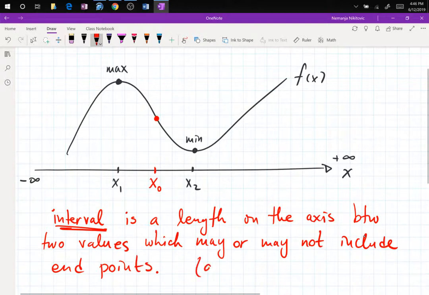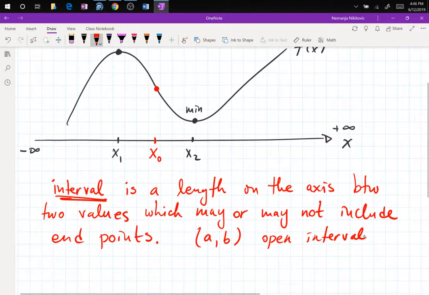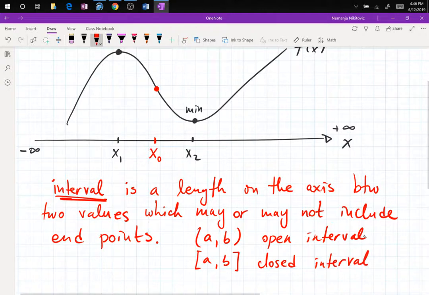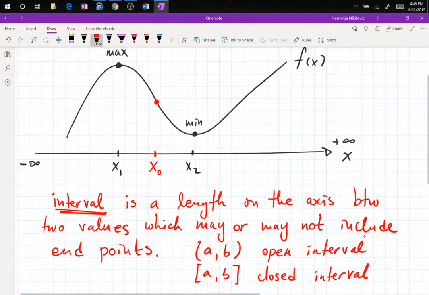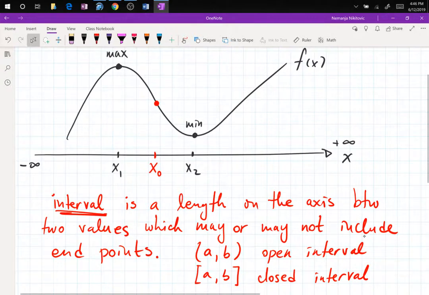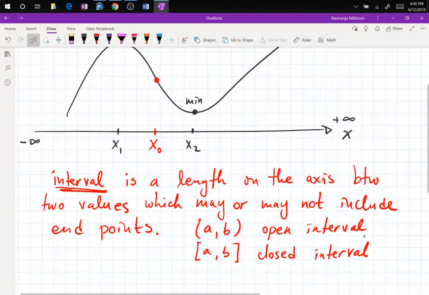If I have A to B with parentheses, that is called an open interval. And if I have A to B with brackets, that is called a closed interval. The issue is that the notation for an open interval is the same as the notation for a point, and you have to distinguish between the two.